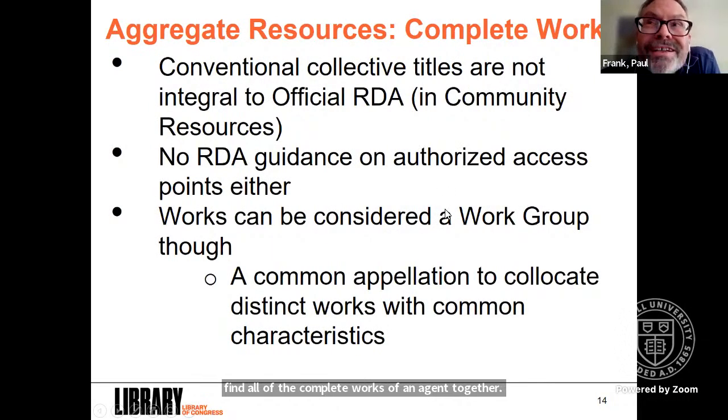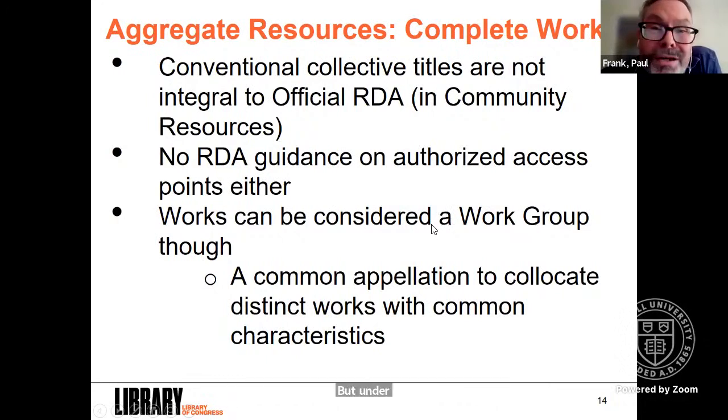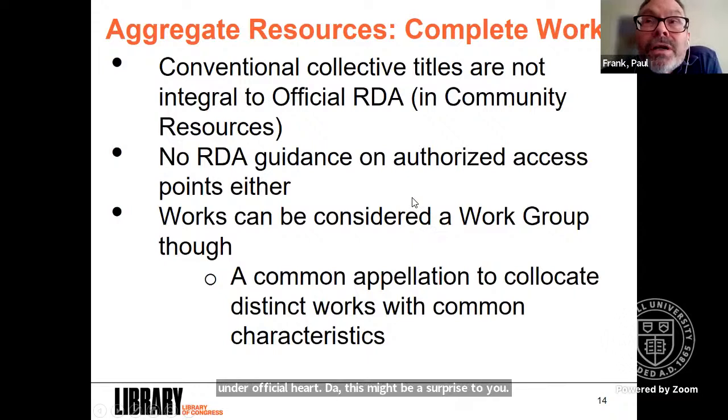under official RDA, this might be a surprise to you. Conventional collective titles are not a part of the official toolkit anymore. They're in community resources, which you can get to in the toolkit, but they are not listed in the text of the toolkit itself and instructions in the toolkit. So they've been deferred. They've been taken out of the toolkit, and I can understand why.